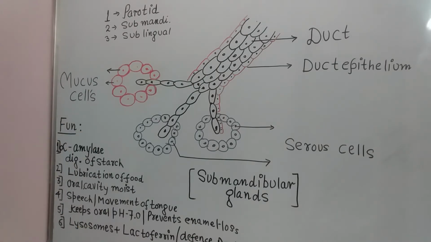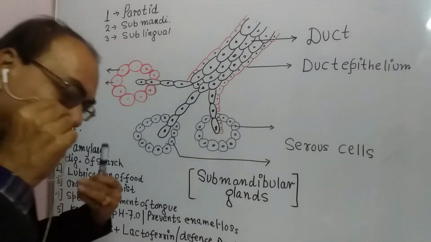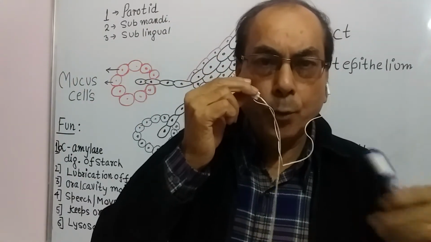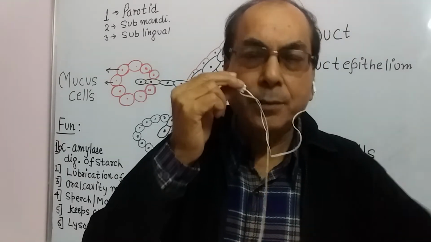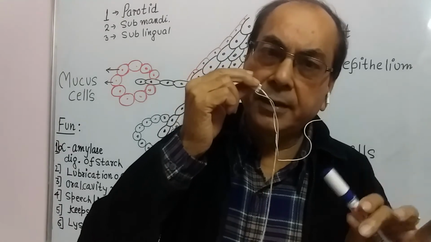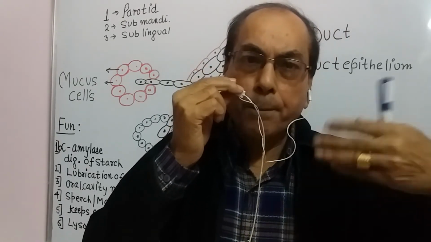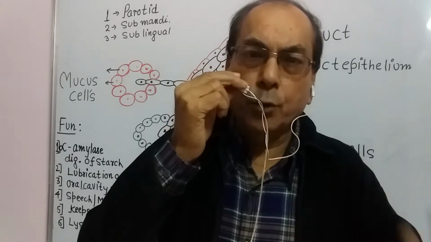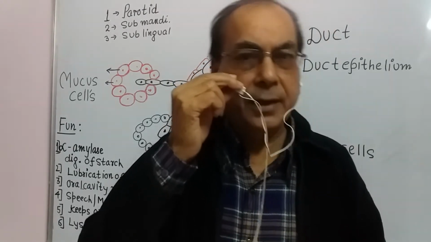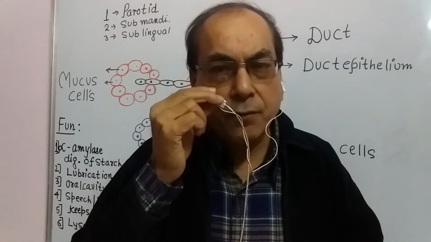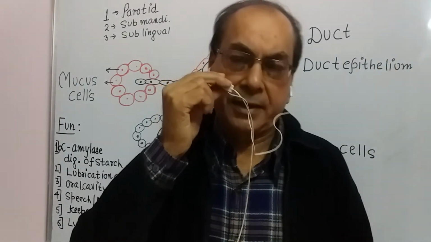Secondly, the saliva helps in lubrication. Lubrication means the movement of our food material in the buccal cavity, so that it is properly mixed with the saliva and moves properly, making it easier to swallow the food material.